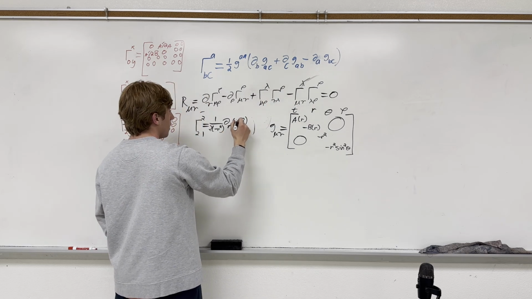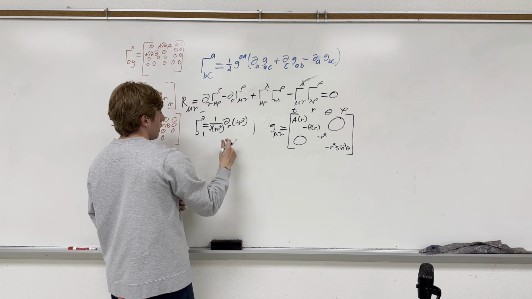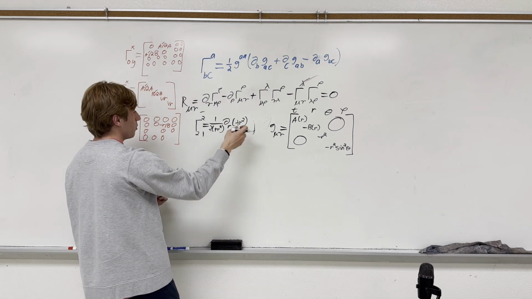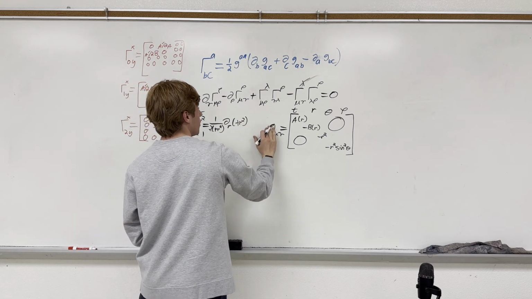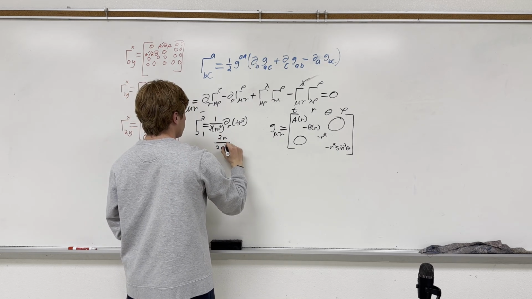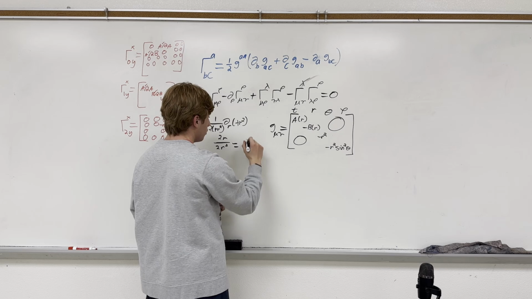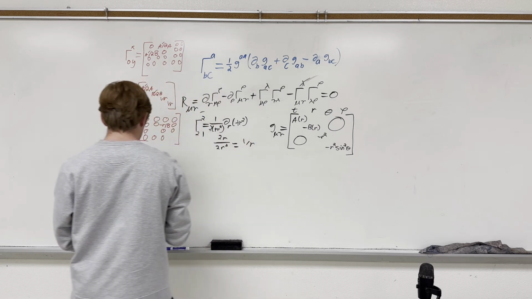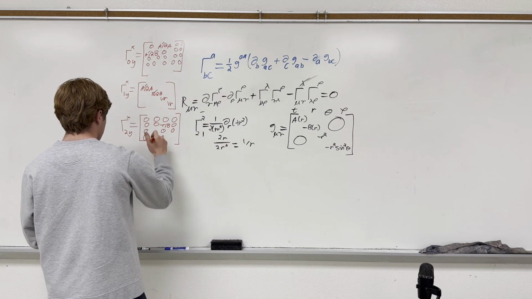And you'll see here that the minuses cancel. But we have 2r over 2r squared, which is equal to just 1 over r. 1 over r.